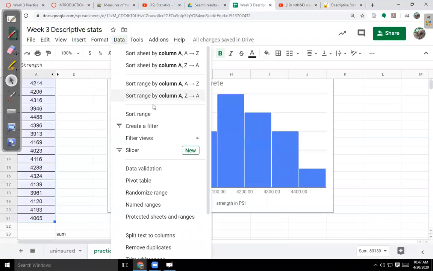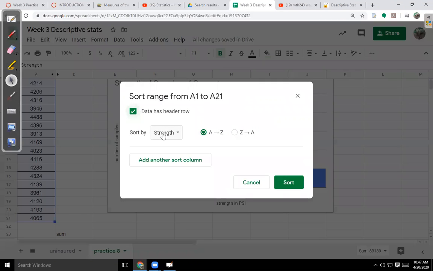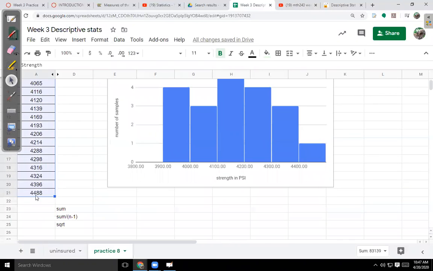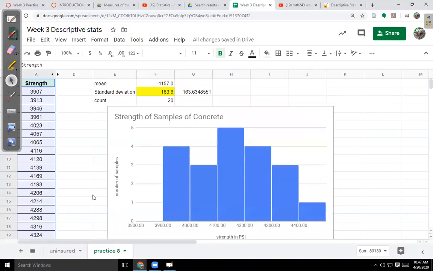So data, sort, has a header row. All right, so this gives me a low of 3907 and a high of 4488. So based on the mean and the standard deviation, I can calculate that lower value, and I can calculate that upper value.